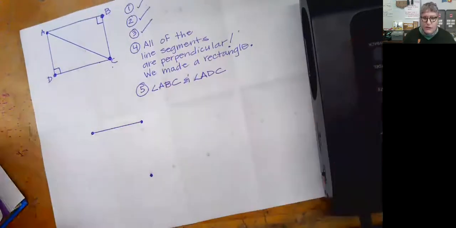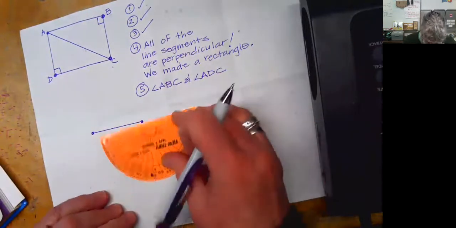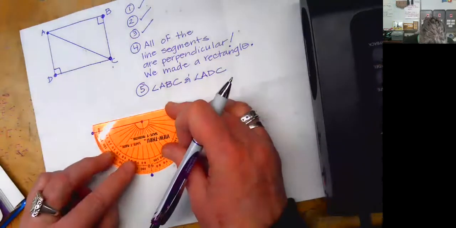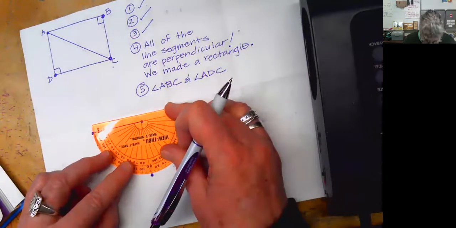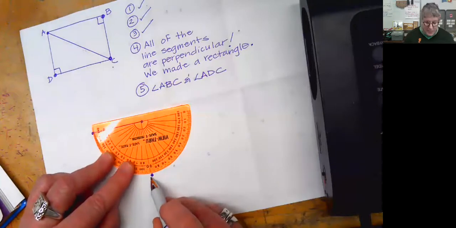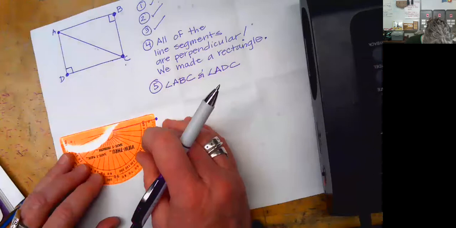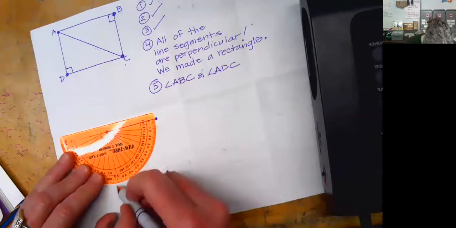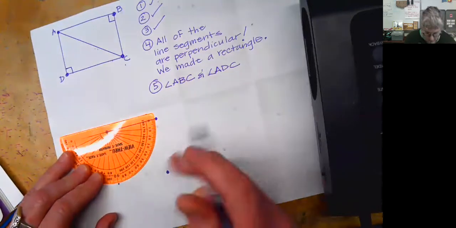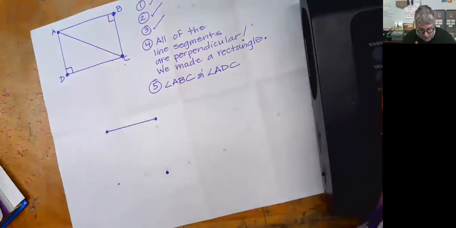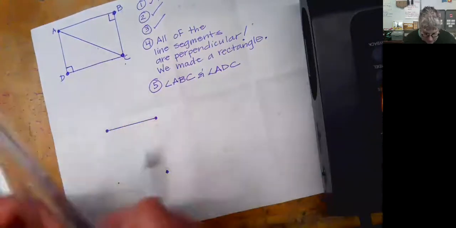Now, if you don't have the drawing triangle that has a right angle, you can go like this and measure 90. See how I just can do that with measuring 90? I'll show you the other one. So I'm doing that again, and I'm measuring 90. Now, the tricky part is it has to be exactly 2 inches long.